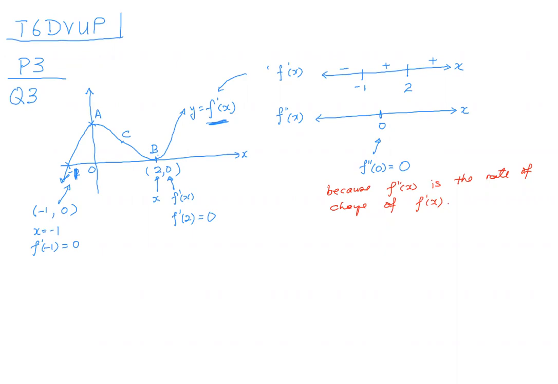So the reason is A is the local maximum of y equal to f prime x. So therefore, f double prime 0 equal to 0. So that is how we analyze. Okay, what is another one, Siti? x equal to 2. Yes, x equal to 2.